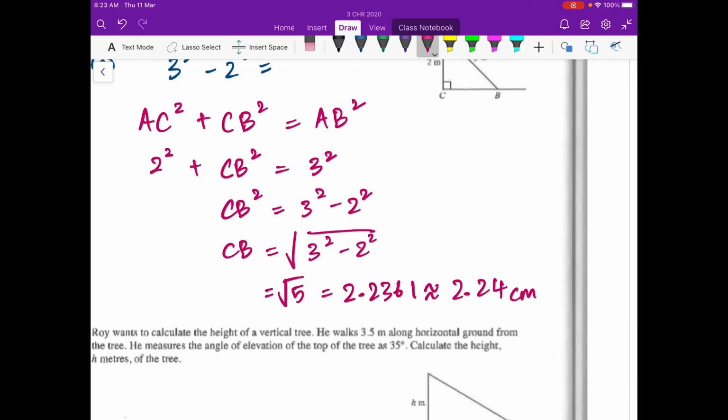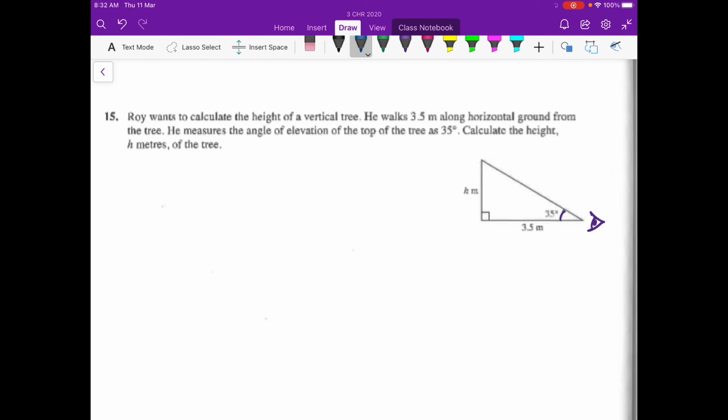Which part do you understand? So go on, help him. Find which one? Tangent 35 degrees. Okay, correct? Equals to h over 3.5. Because h is our opposite, 3.5 is our adjacent. And what do we do next?